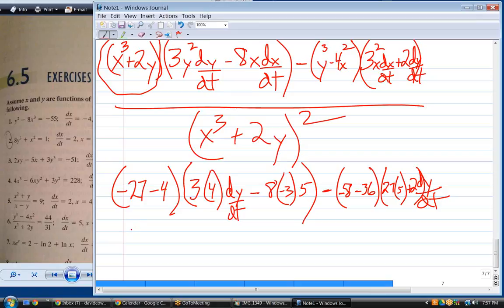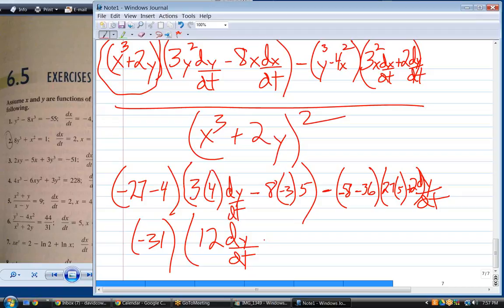So that would be negative 31. It's probably best to do this almost a step at a time, just because you increase the chances of getting it right, not making an error. 15 times 8 is 120, so what goes here?